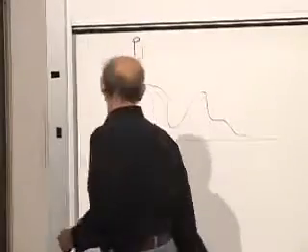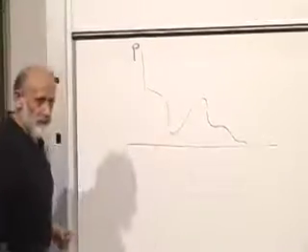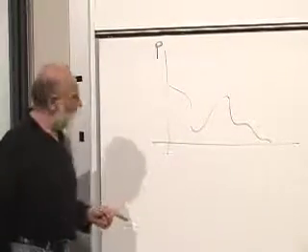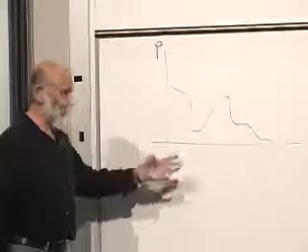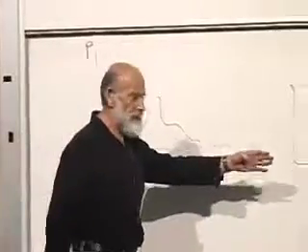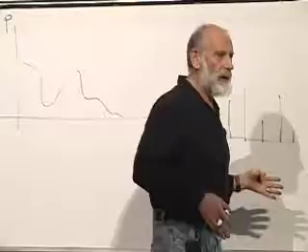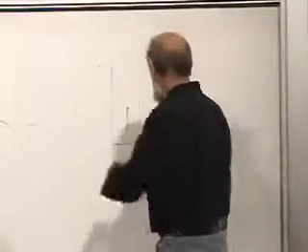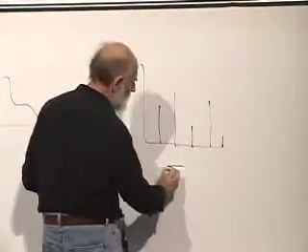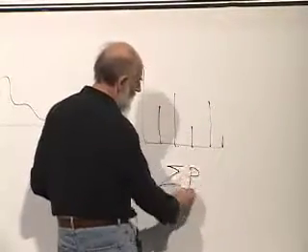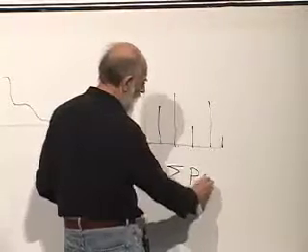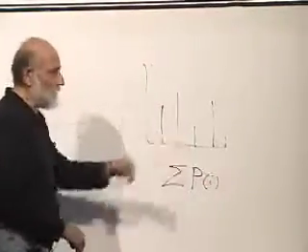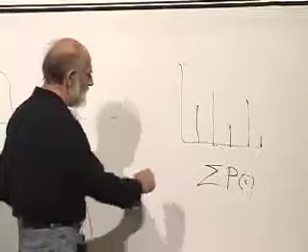What does it take to be a possible probability distribution? Two things. P must be positive everywhere. In both these cases, negative probabilities have no meaning. It could be 0, of course. When I say positive, I could also mean 0. And the other thing is the sum of the probabilities. Let's call it P of i, where i is which particular state you're talking about.